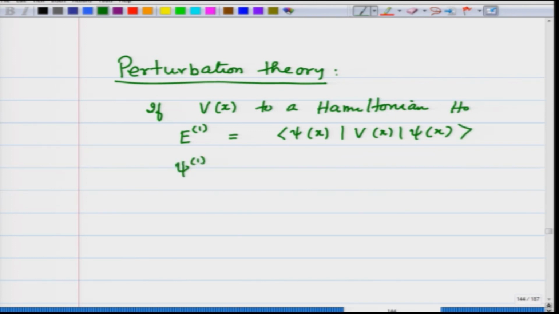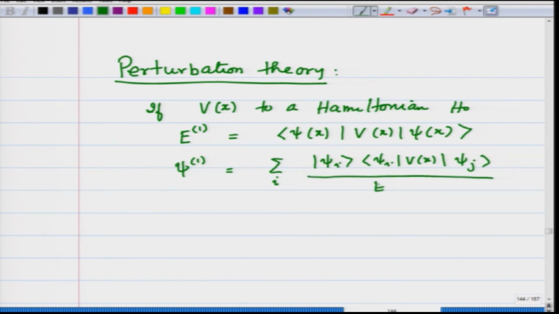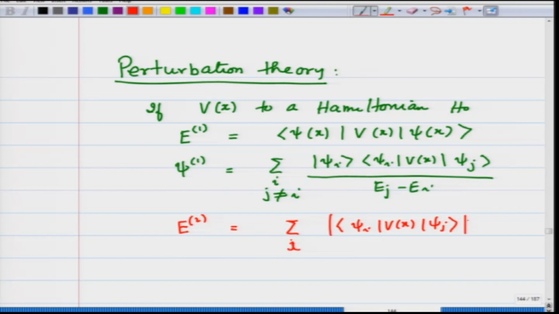The first order wave function is summation over i of psi i V x psi j divided by E j minus E i, j not equal to i, and the second order change in the energy is equal to summation over i of the modulus squared of psi i V x psi j over E j minus E i, i not equal to j.